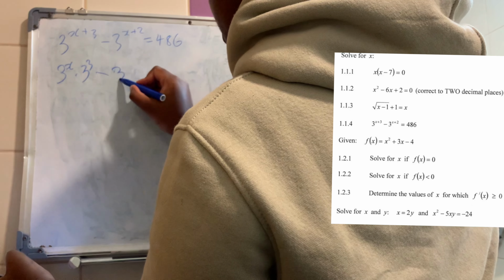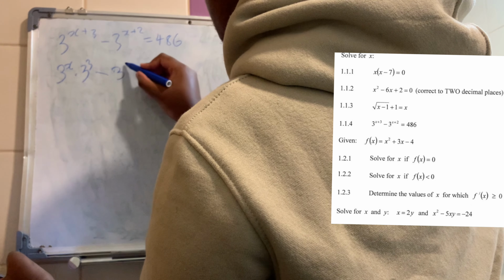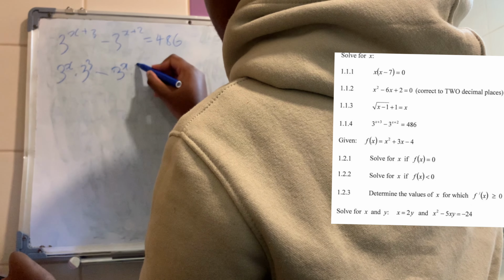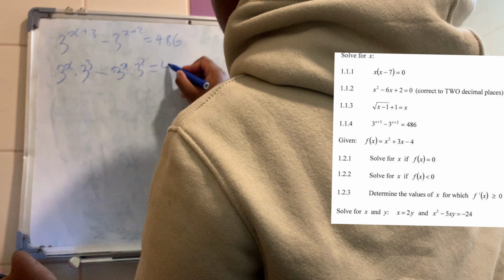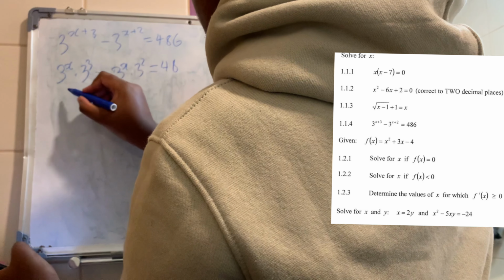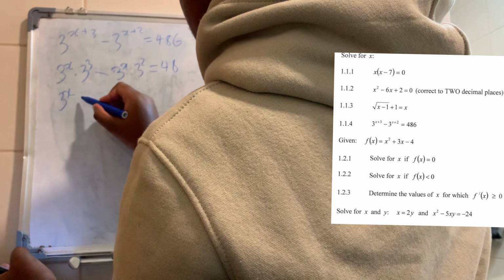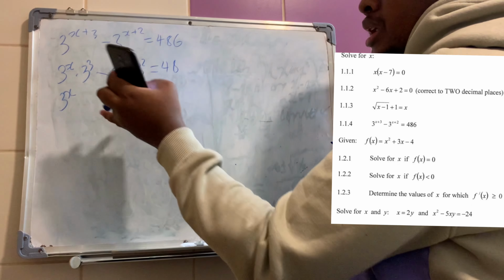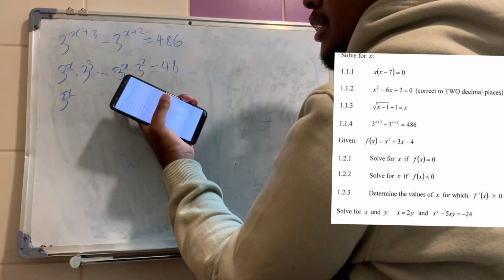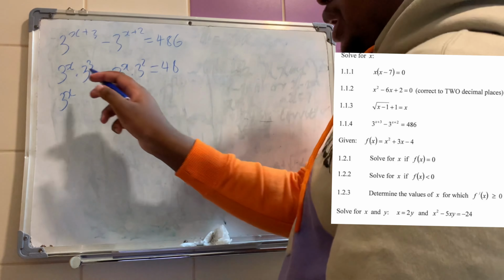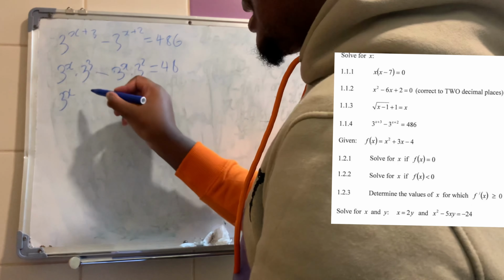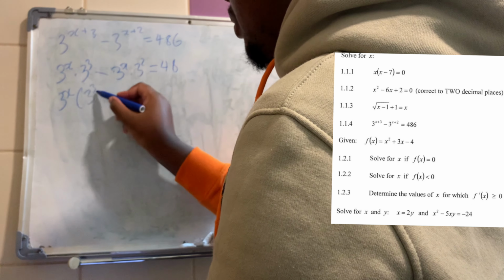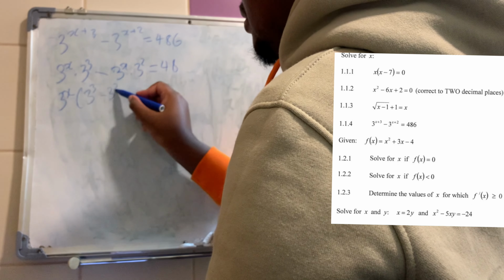So this is 3 to the power x times 3 cubed, minus 3 to the power x times 3 squared, is equal to 486. Here you have 3 to the power x as the common factor, so we factor it out: 3 to the power x times the bracket of 3 cubed minus 3 squared.